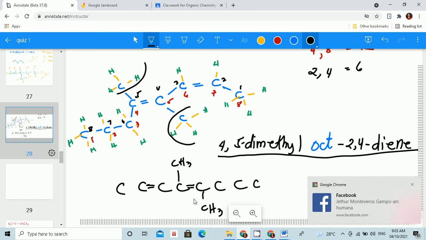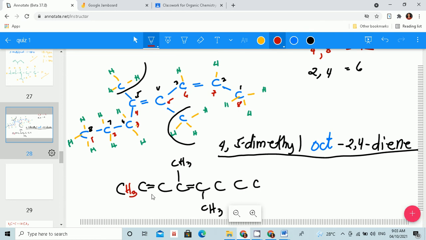Alright, so that's it. And then what we're going to do next is distribute the H. We have H3 here, and then the carbon here will be left with 1 H since there's already a double bond. Let's write it clearly. We put the double bond here, class. Take note of that.